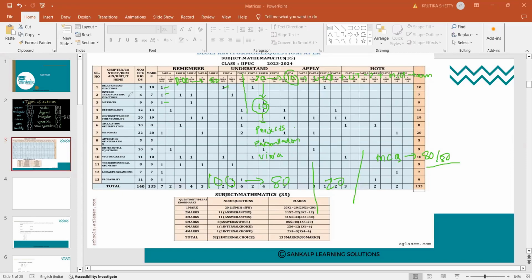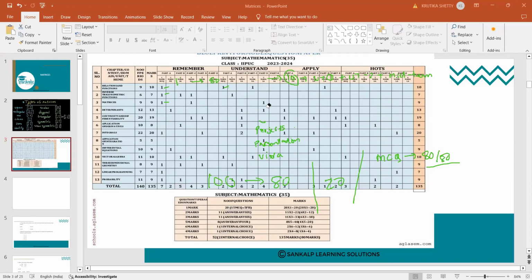So today we will be commencing with matrices. We will try to understand matrices. Matrices are fetching you one MCQ, one 3 mark question, and one 5 mark question.